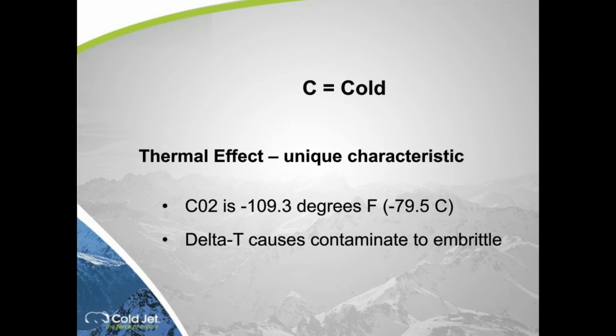The higher the delta T that you get between the contaminant and the dry ice, which means the hotter the tool, the hotter the mold, the more the cold contributes. Got some test studies that show at 500 degrees C, which I don't think any of us are going to get there. Even if you're molding rubber, you might get into the low 200s.